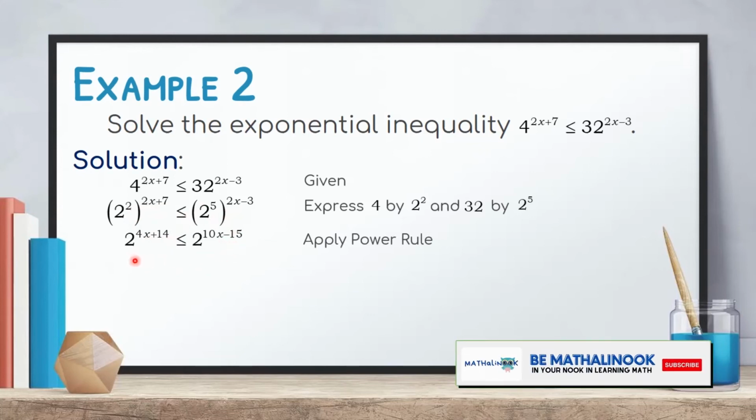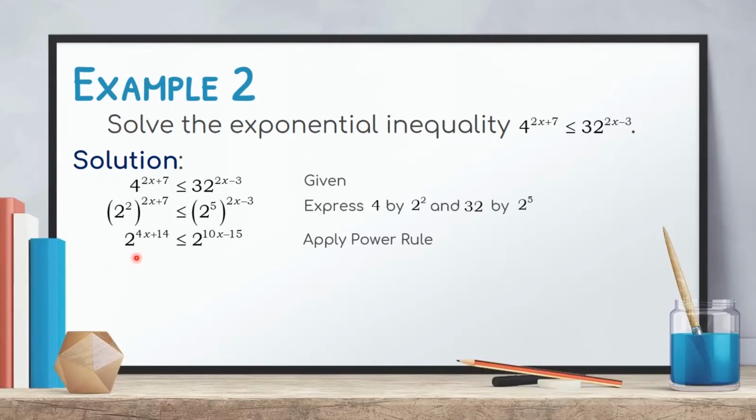Since the bases are now the same, we can apply the one-to-one property. Moreover, since the base is greater than 1, we will still follow the same inequality symbol. Therefore, we will have 4x plus 14 is less than or equal to 10x minus 15.